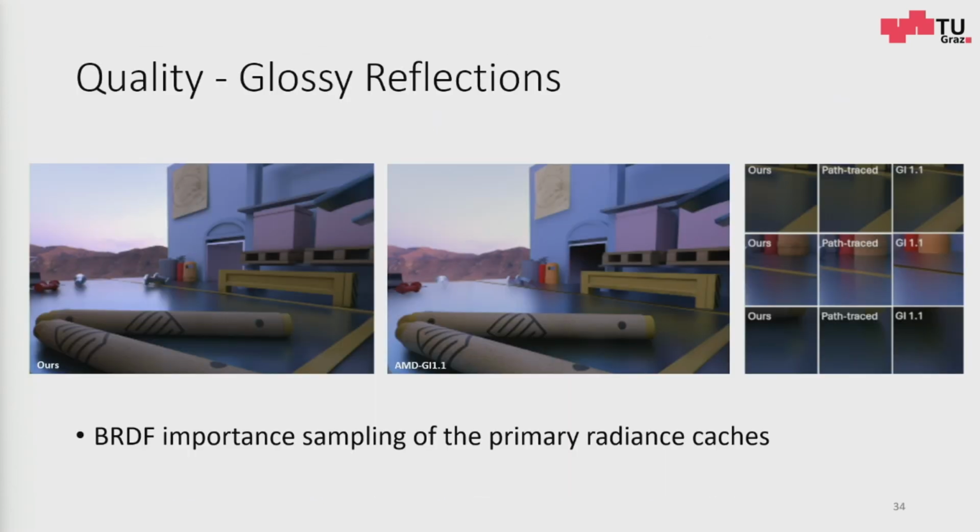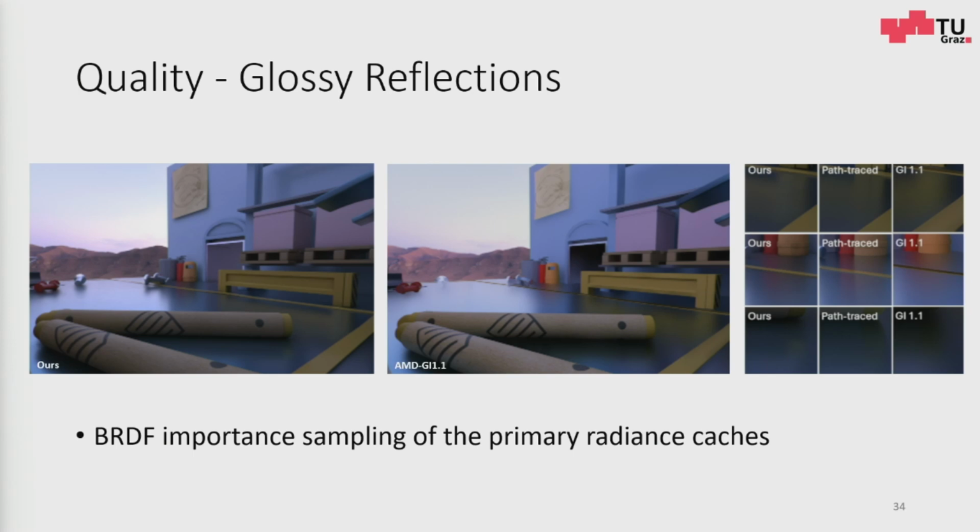For glossy reflections, where we importance sample the primary radiance cache, the results are very similar. One could argue that we are slightly closer to the path traced reference, but they are very close.